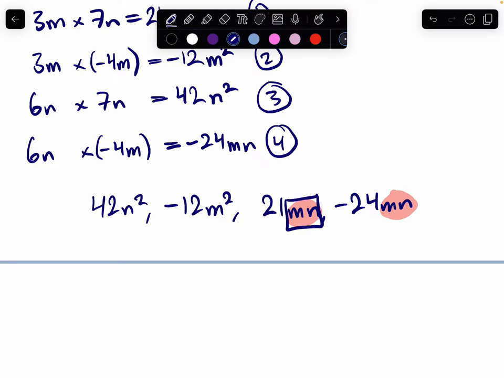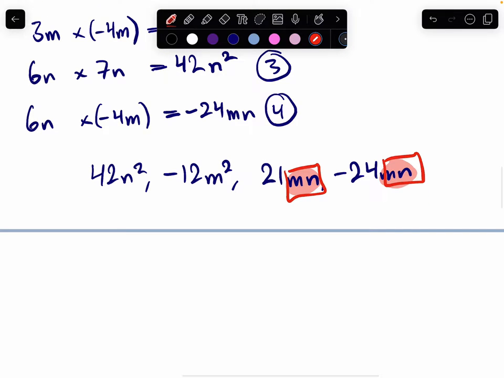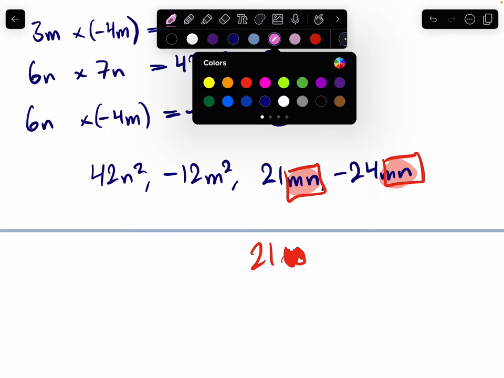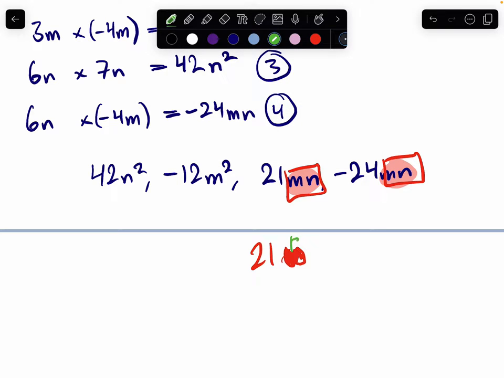If you combine mn's into one thing, it's basically saying the same as we have 21 apples, and we have minus 24 apples.